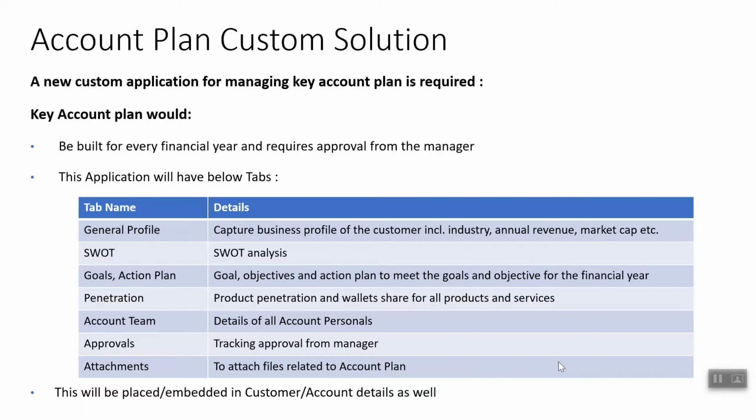We will have some validations and determinations as well, where we can check if the account is a key account before we create the key account plan. We don't want this to be created for every account. We wanted this to be created only for key account. And this key account flag is a custom field in the account screen. So we will have these sort of validations and determinations as well in our custom application.